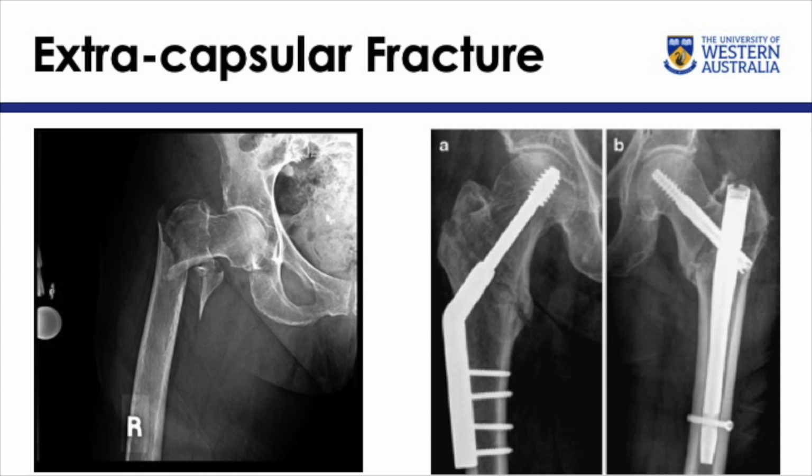In this case, we look to fix the fracture rather than replace it. And the X-ray on the right demonstrates some of the options for fixing these femoral fractures, with either an extramedullary plate and screws or an intramedullary device with a nail.